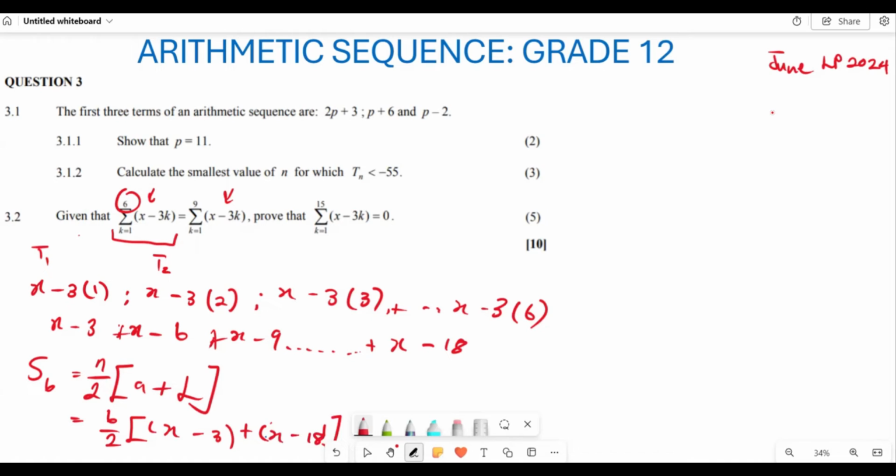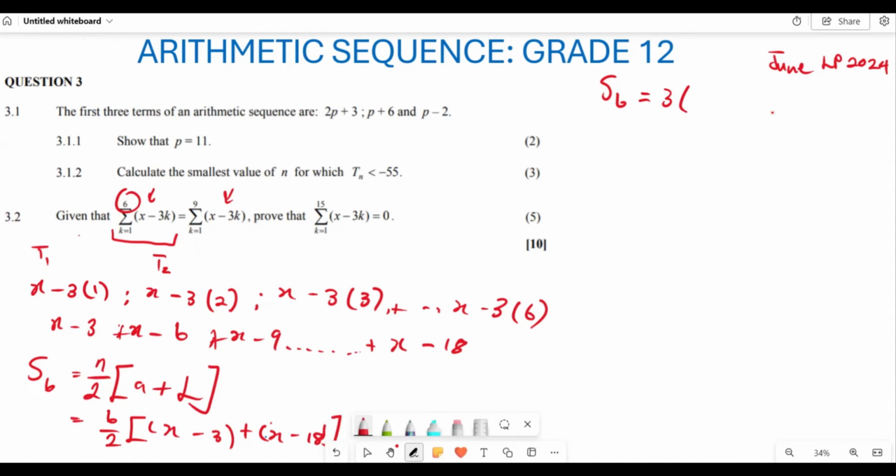This is the same as x subtract 18, which means my S6, my sum of 6 terms, what am I going to end up having here? Let's see. This is the same as 3 into, now when I look at this, I have x minus 3 plus x minus 18.